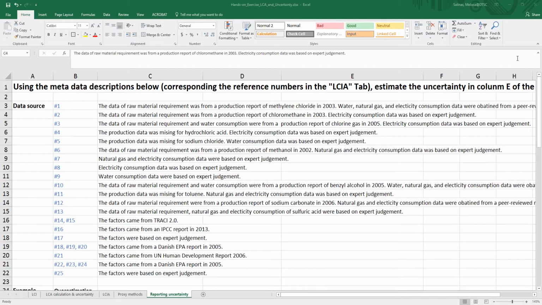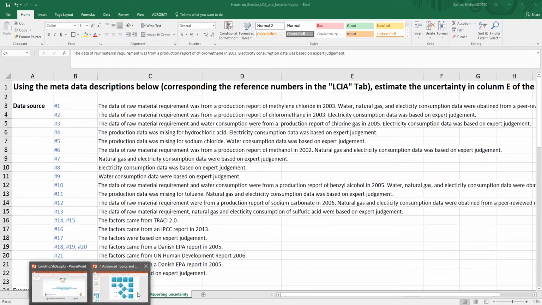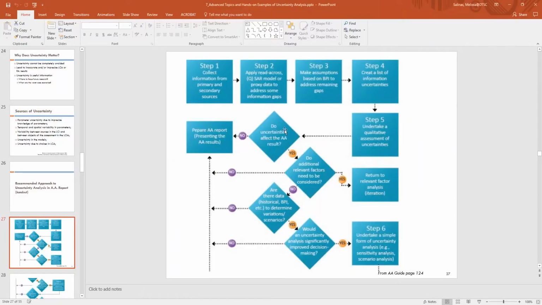This begs the question, to what extent step 5 can result in a unanimous yes or unanimous no to finish your uncertainty analysis right there based on qualitative analysis.